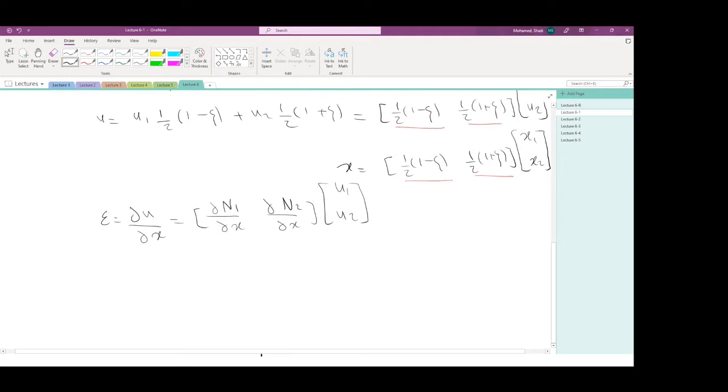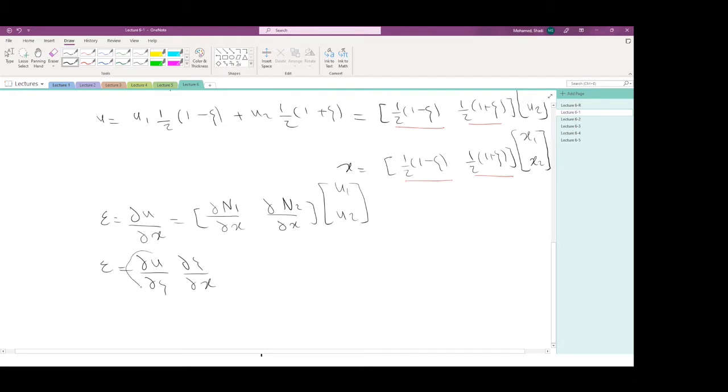Now we don't have the shape functions to be functions of x. However, we have the shape functions to be functions of xi. Okay, so what we are going to do now, we are going to use the chain rule. So the derivative of u with respect to xi, and then the derivative of xi with respect to x is the same like to find the derivative of u with respect to x. This is just the chain rule.